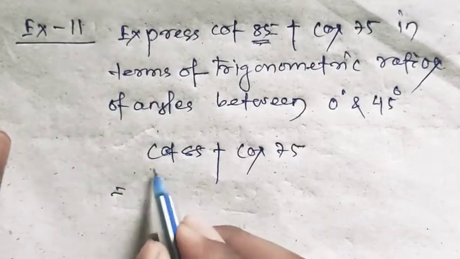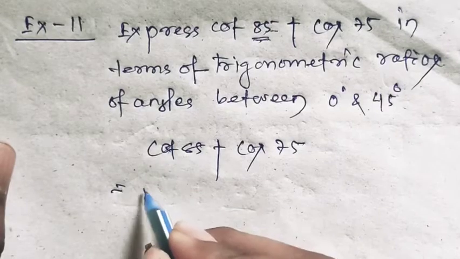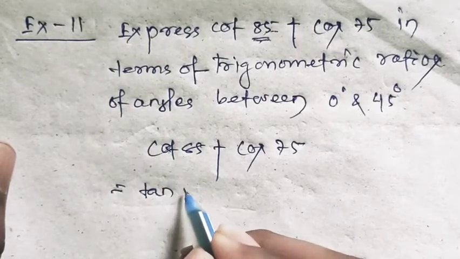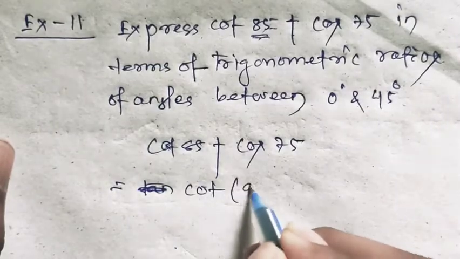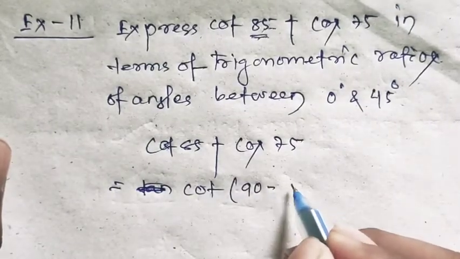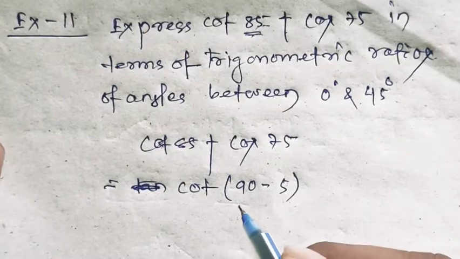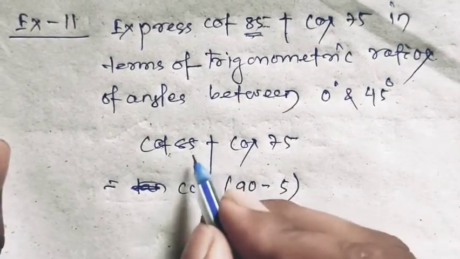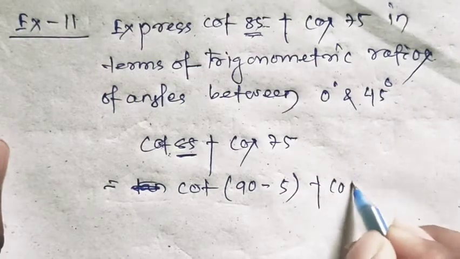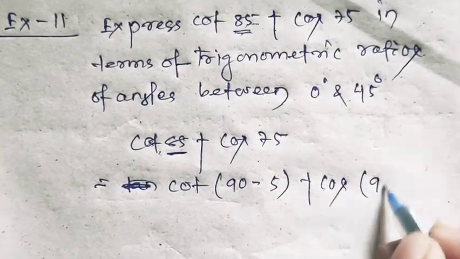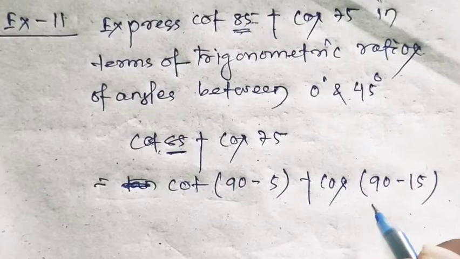So I can write cot 85 as cot(90 minus 5), right? Because 85 is equal to 90 minus 5, plus cos 75 is equal to cos(90 minus 15).